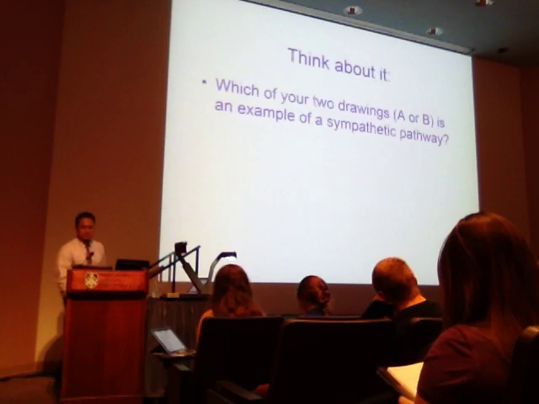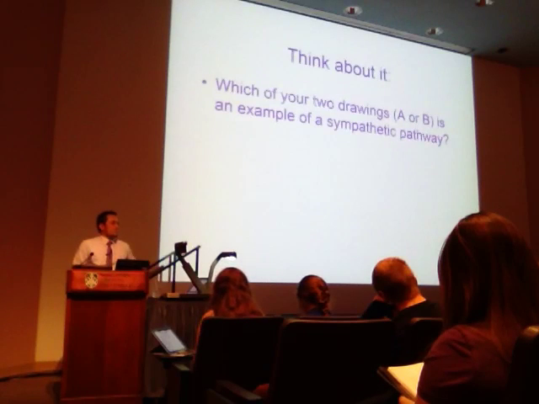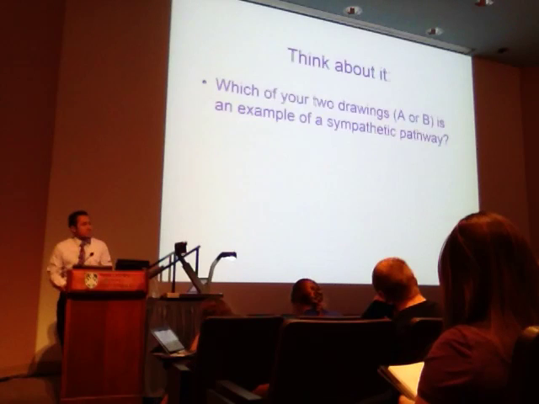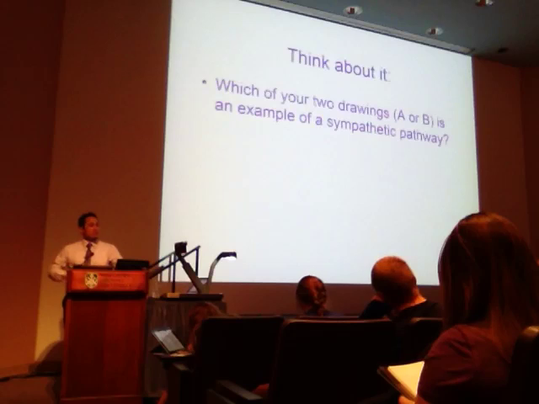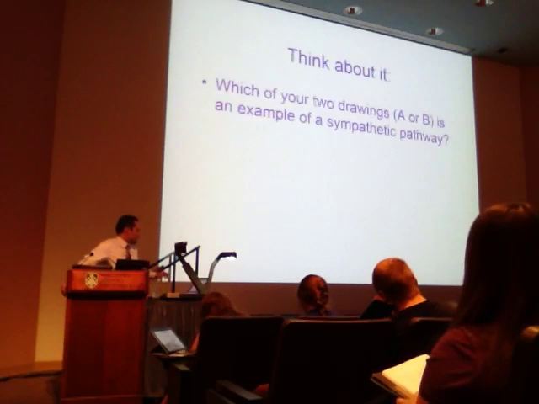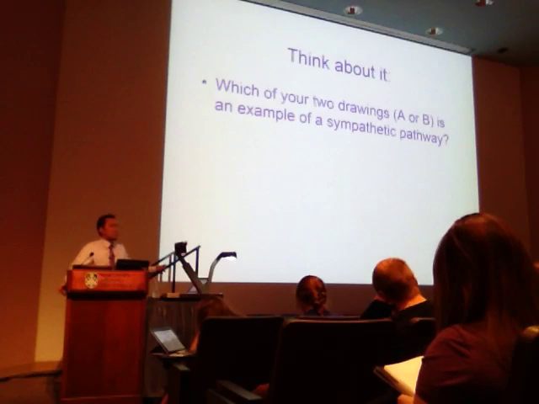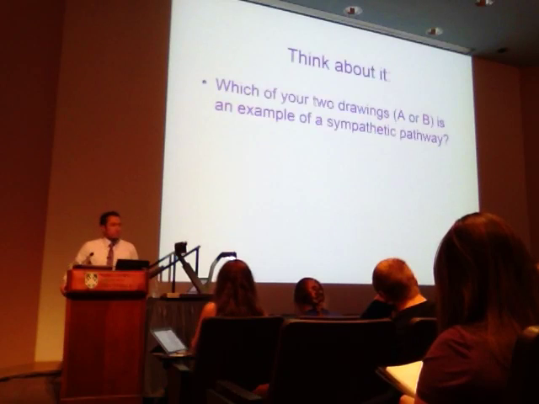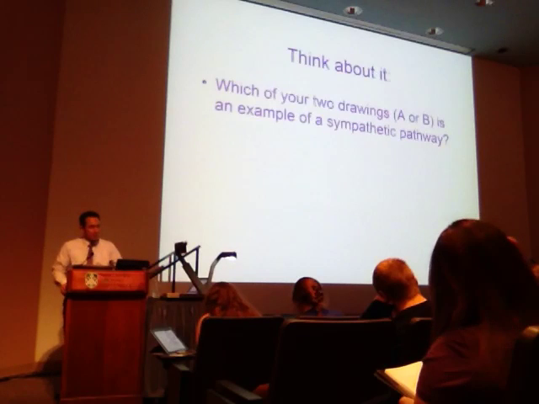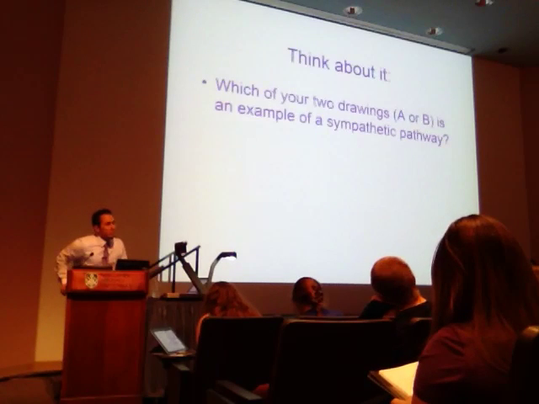Anybody know this? B. B is the right answer. The sympathetic pathway has a relatively short preganglionic fiber and a long postganglionic fiber. The parasympathetic pathway has the opposite: a relatively long preganglionic fiber and a shorter postganglionic fiber.